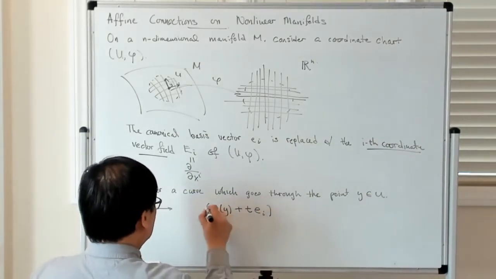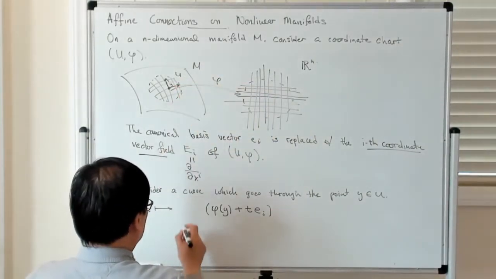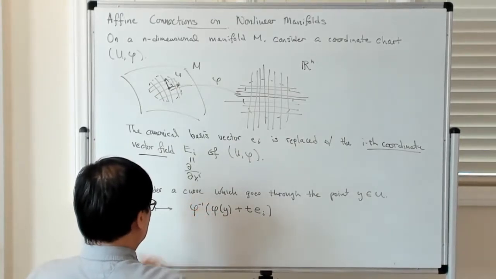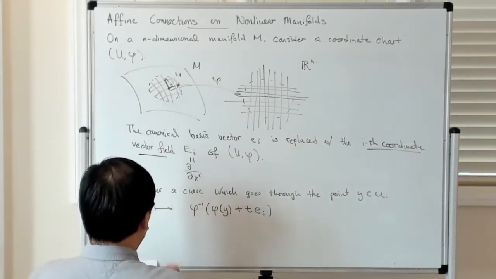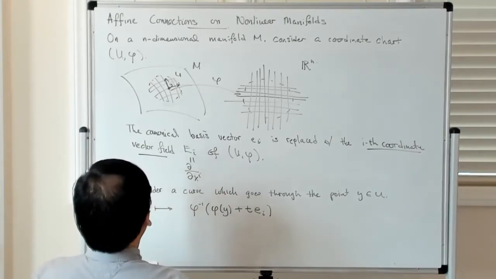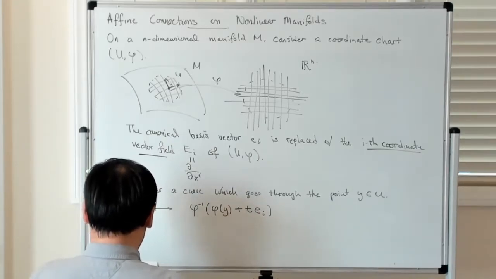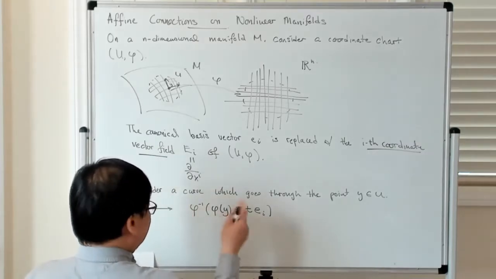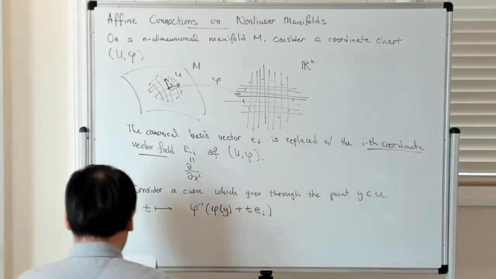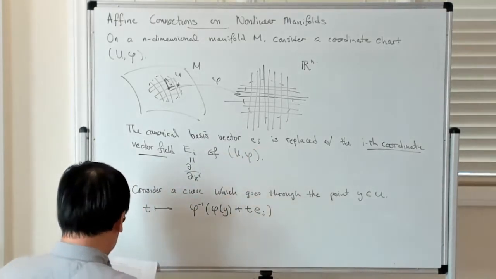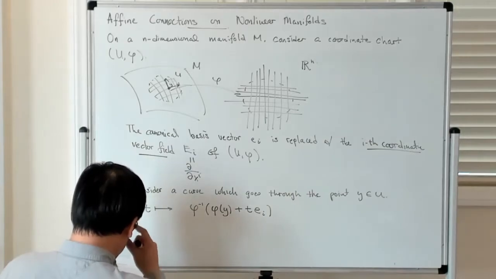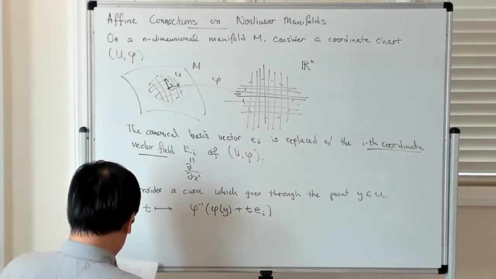Then I pull that back to the manifold by taking the inverse of the coordinate map. That's the obvious curve to look at. Once you have that curve, you can look at the tangent to it, or the equivalence class associated with that curve.